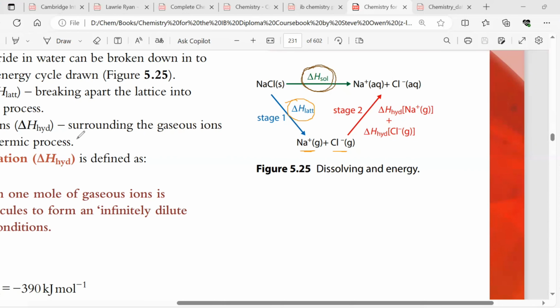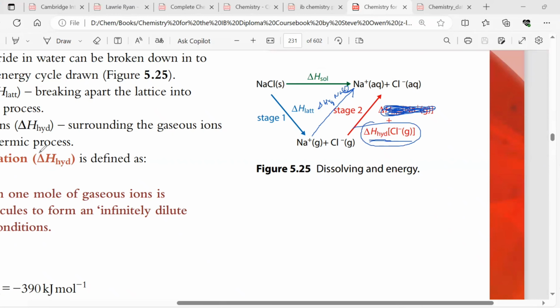The next step is that the sodium ion will be surrounded by water. This is delta H hydration of Na plus. And Cl minus ions will also be surrounded by water. This is delta H hydration of Cl minus. This is hydration enthalpy.